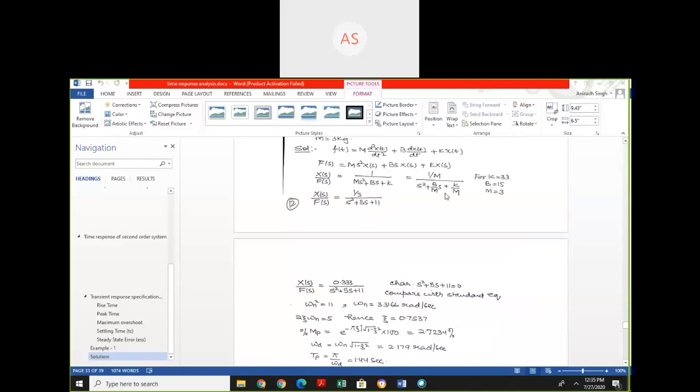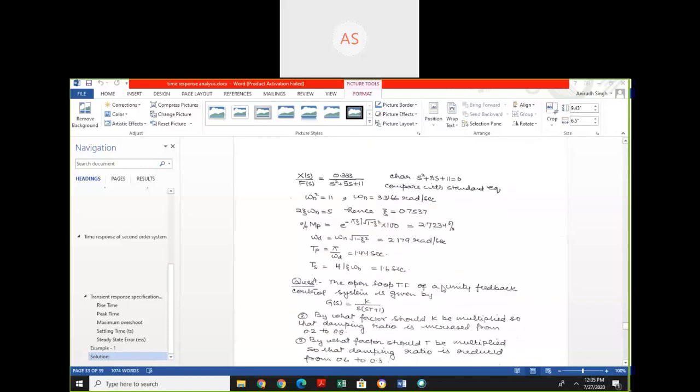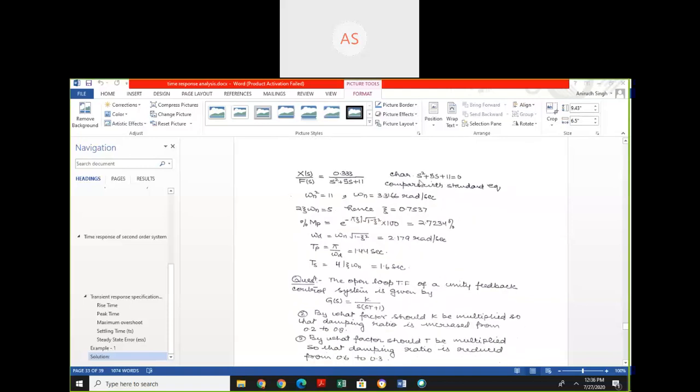The transfer function is given by this formula, and if we substitute the values of m, k and b, we get this expression. In this, the characteristic equation is this, and if we compare this characteristic equation with the standard equation, omega n square is equal to 11.